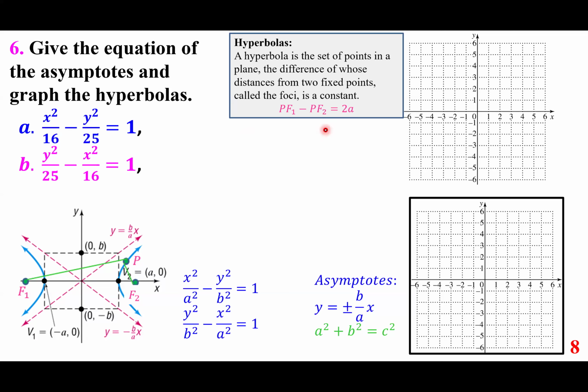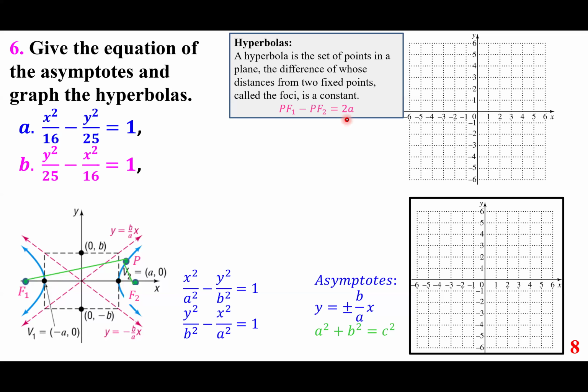In any event, if you choose this point, the distance from here to here minus this distance, I hope you see because these two are identical, becomes this, which is 2a. So in other words, that's a proof and you can look at the lecture.